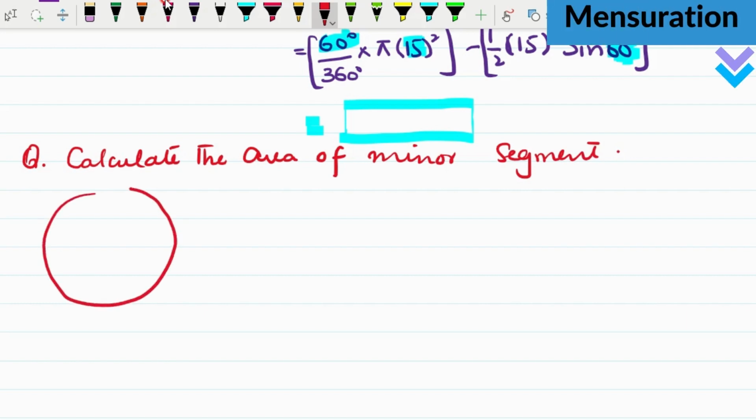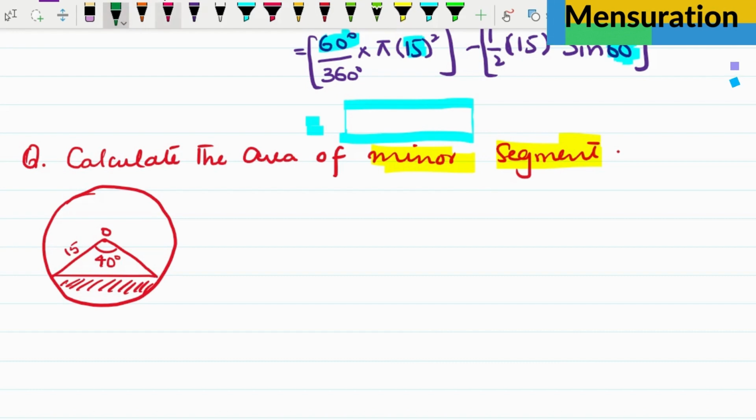In the question there is a triangle also, that is a middle point. Here is a minor segment, and this one is suppose 40, and here is 15. Okay, so how can we calculate the minor segment?